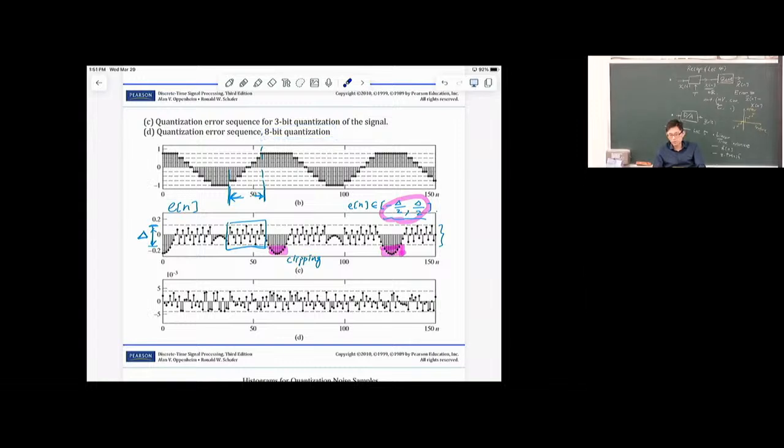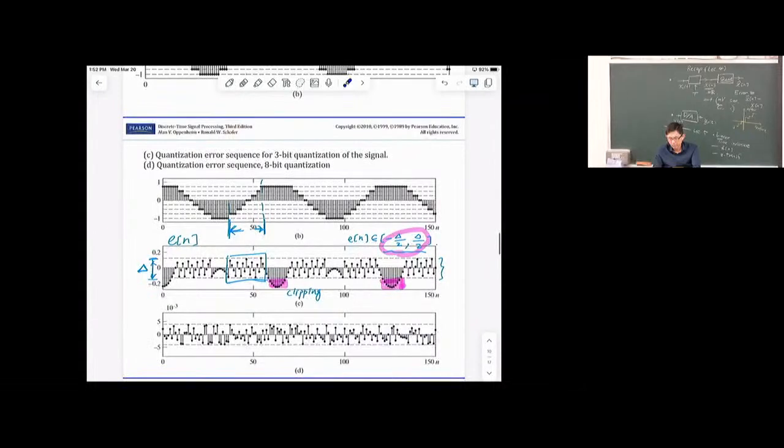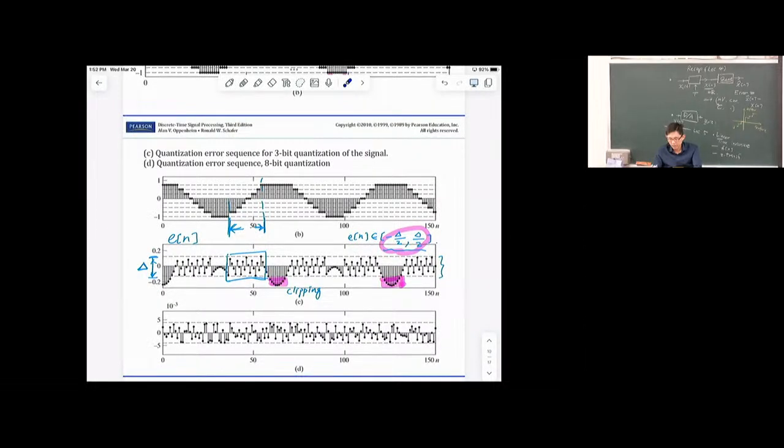So you see that the problem of clipping is less obvious. The problem with clipping now is not so obvious. So I'll leave it to you. So that's where the clipping occurs, right there.